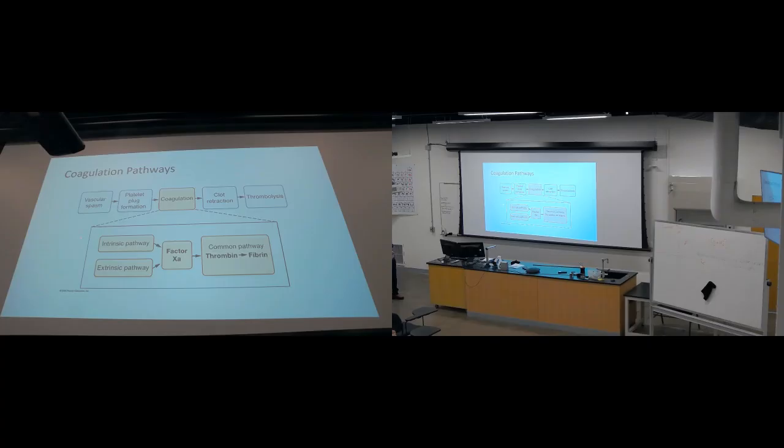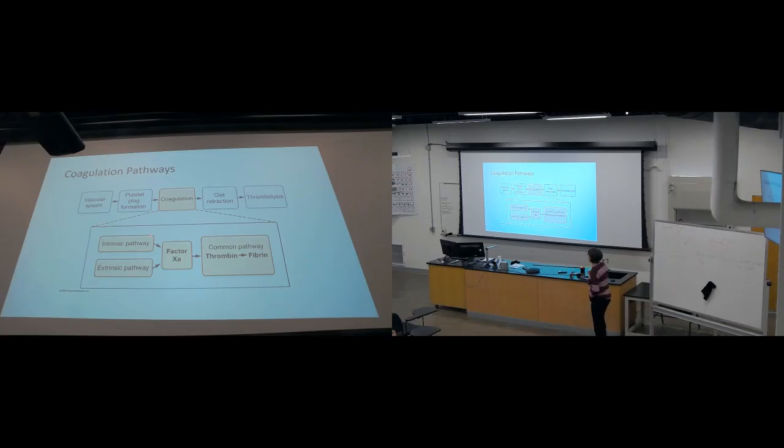The extrinsic pathway forms when you have tissue injury, and then you activate particular factors like 3 and 7. For the intrinsic pathway, it will be factors... we have like 13 coagulation factors. So in this case will be factor 8, factor 9, factor 11, and factor 12.